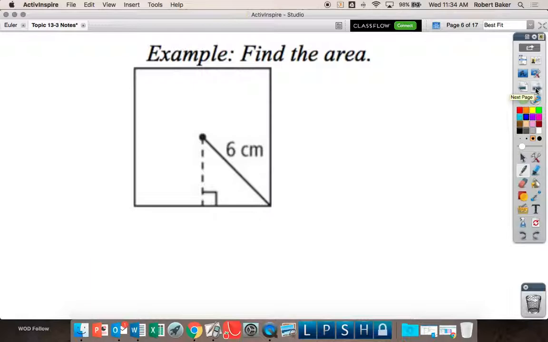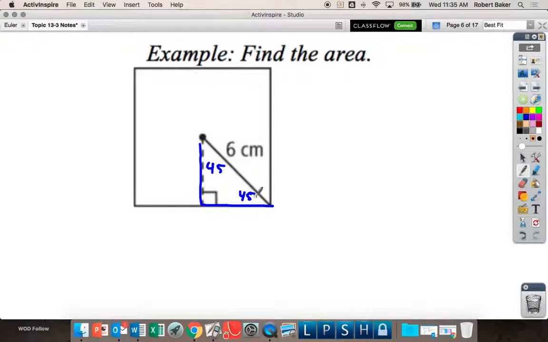So here we go. How would you do this one? Let's do it my way first, then we'll do it your way. So we've already discussed every square or regular quadrilateral will create what kind of triangle with the apothem and the radius? 45, 45, 90. So this is a 45, 45, 90 right triangle.